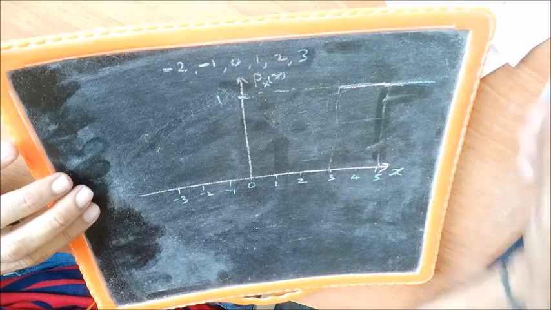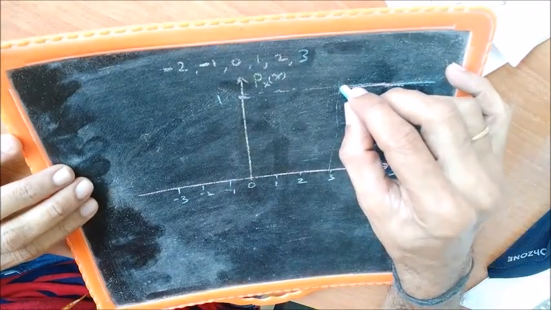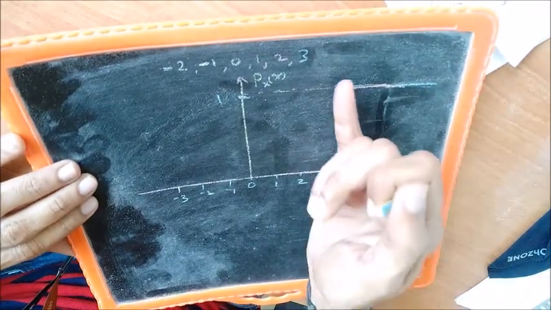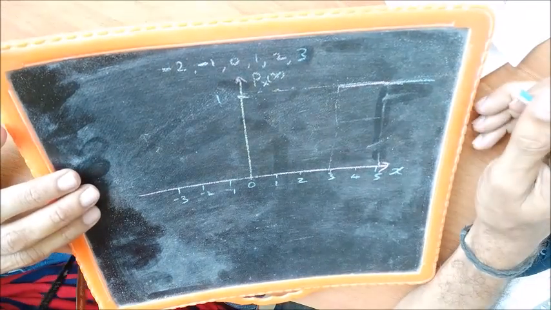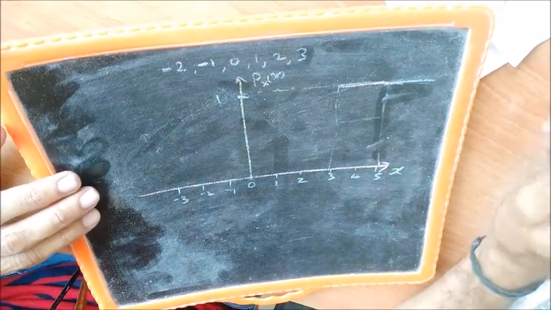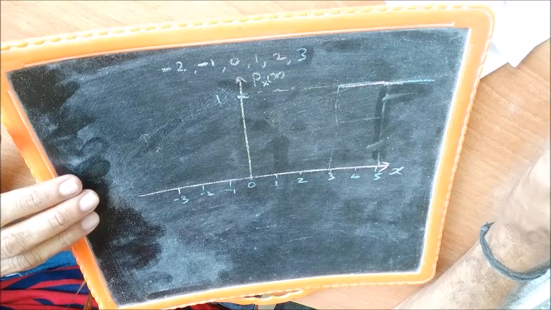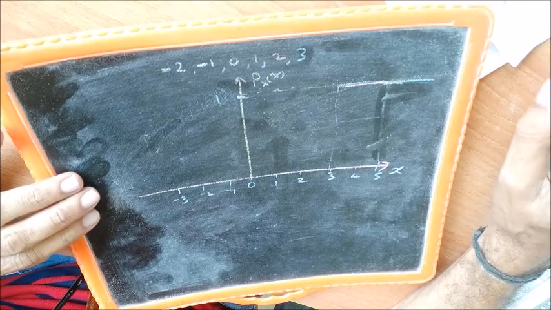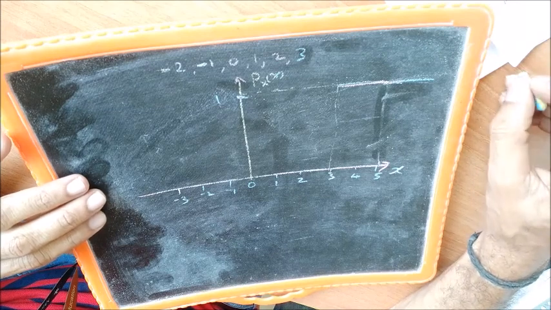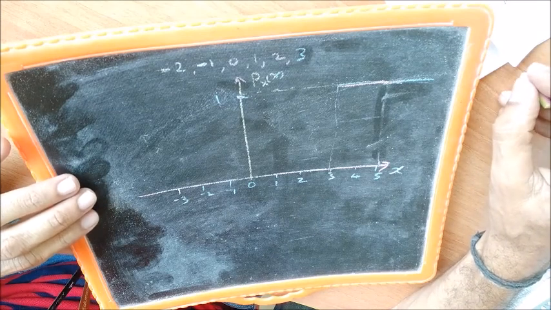But the moment you cross over from 3, the moment you come this side, say 2.99999, the probability when you roll this die of getting a number less than or equal to 2.999 is no longer 1.